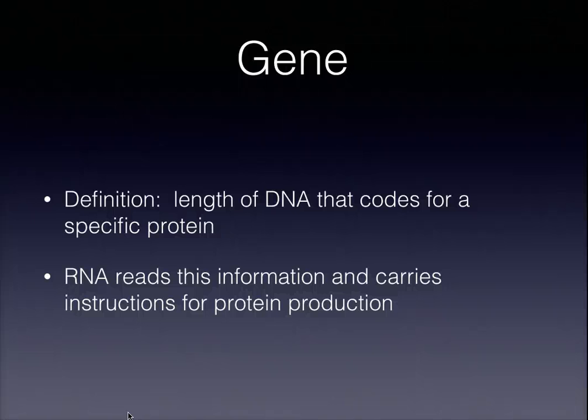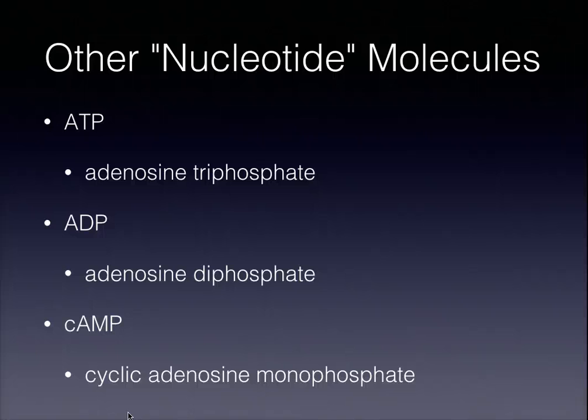And RNA is able to similarly copy the information from DNA, the reference book, so to speak, and then carry these photocopied instructions out to the cytoplasm, and then that information will be used to make proteins. Okay? So that's their roles in relationship to genes and protein production.